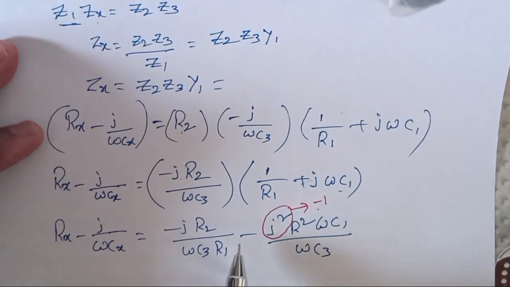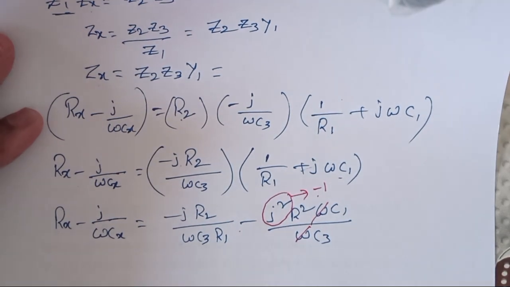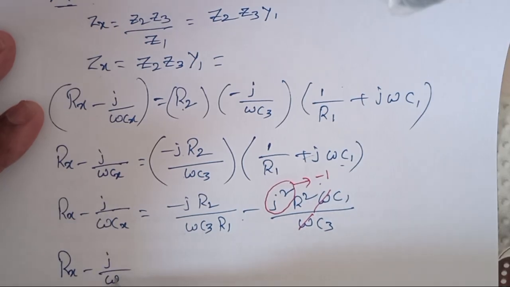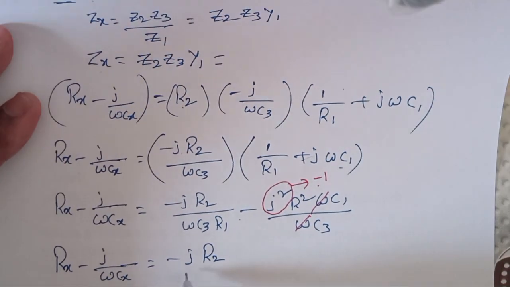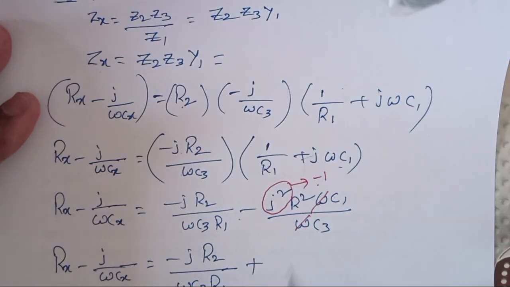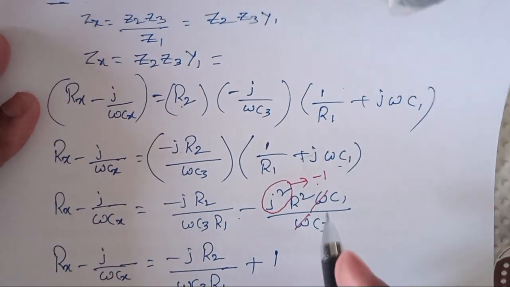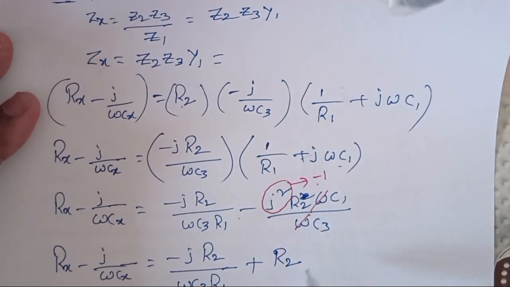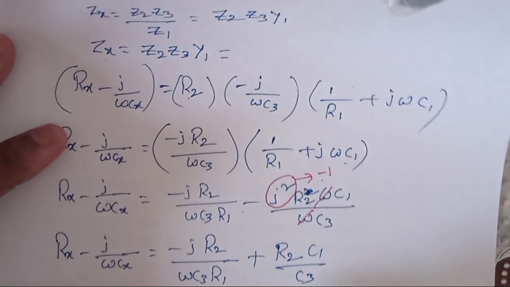So minus 1 into minus is plus, and at the same time omega gets cancelled. So Rx minus j by omega Cx equal to minus j R2 by omega C3 R1 plus R2 C1 by C3, the remaining term.